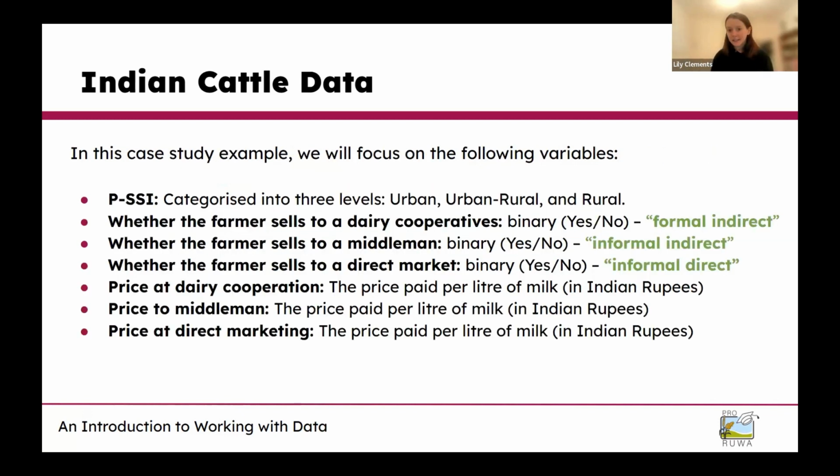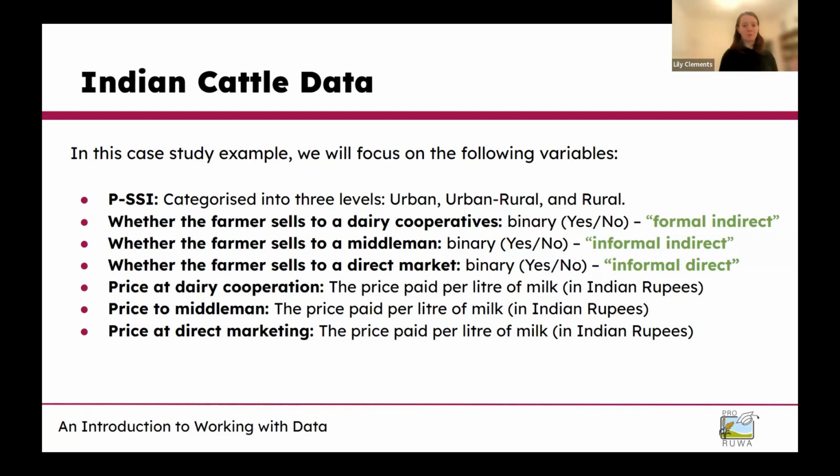In this case study, we're going to focus on the following variables, which I'll outline now. The variables that we've chosen and the definitions and information behind them are given to us from the paper. So we've got PSSI. This is a variable which is categorized into 3 levels: urban, peri-urban, and rural.